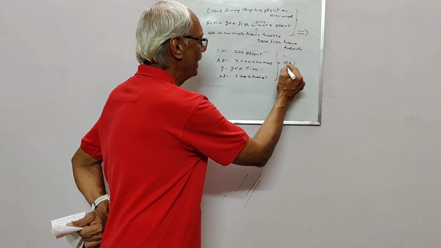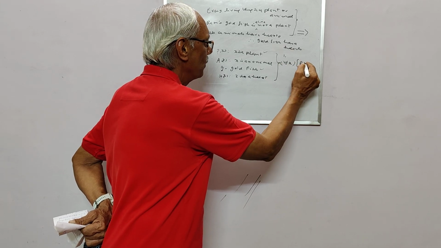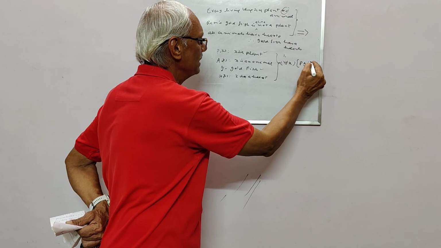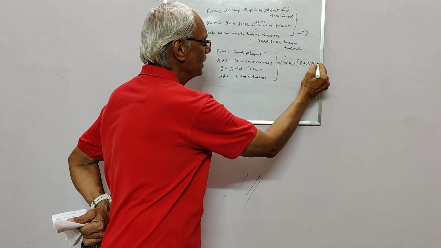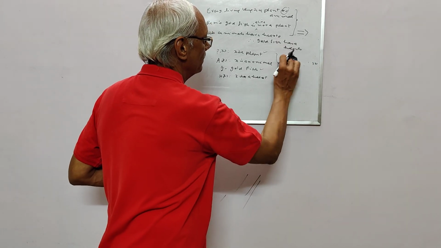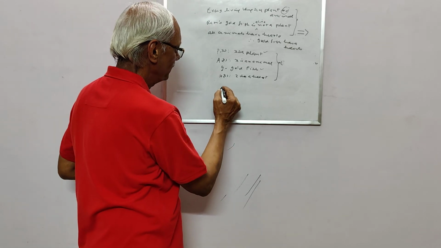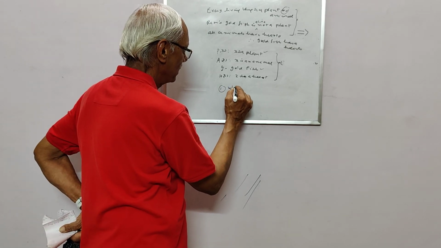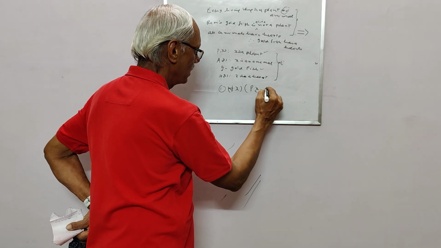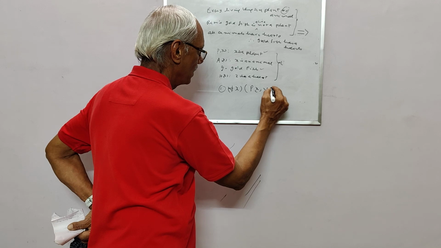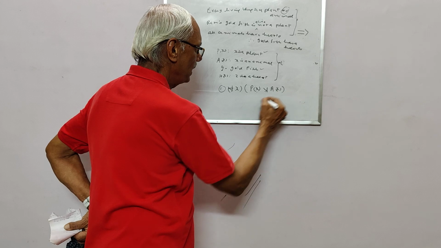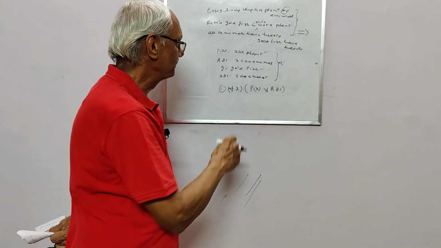So for all X, it must be what? P of X, or, you see that this is your or, so it is a disjunction, A of X. So the first compound proposition is: now read this.